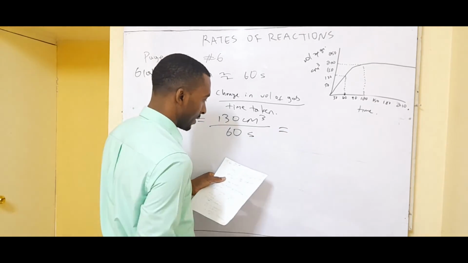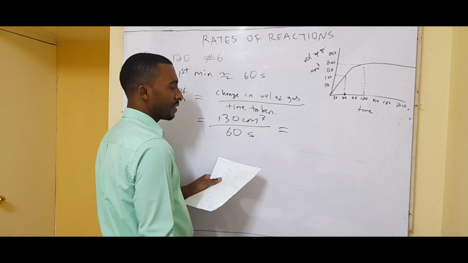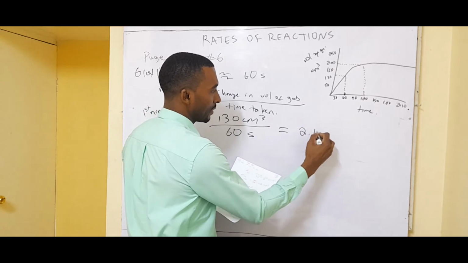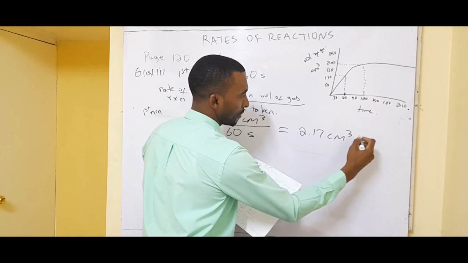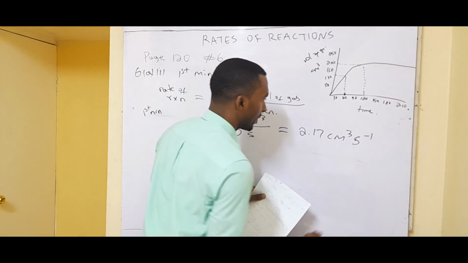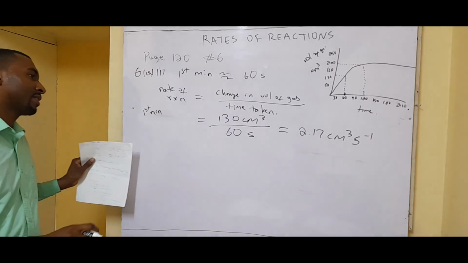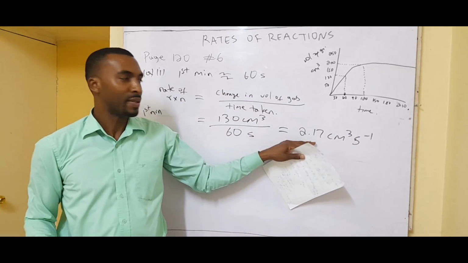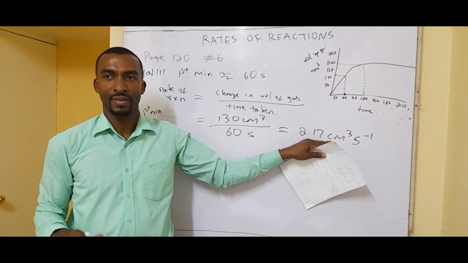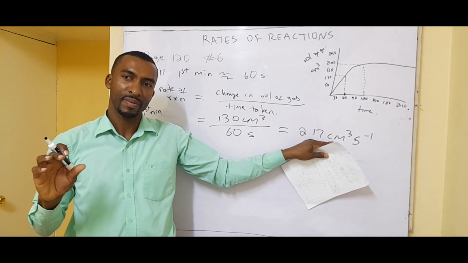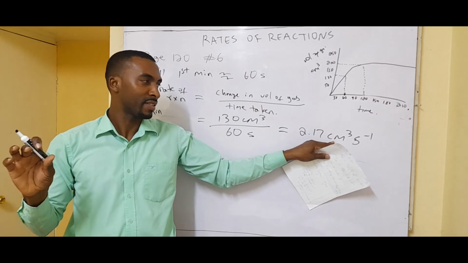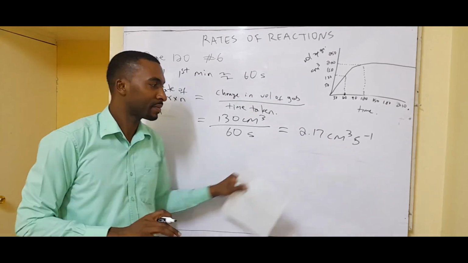What's the answer here? 130 divided by 60 is 2.17 cm cube per second, right? So at 1 minute, 2.17 centimeter cube of carbon dioxide gas is produced per second.